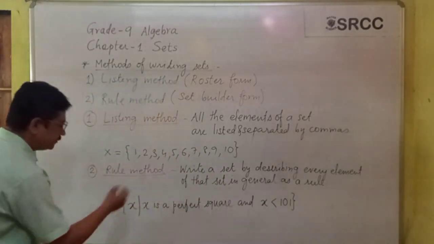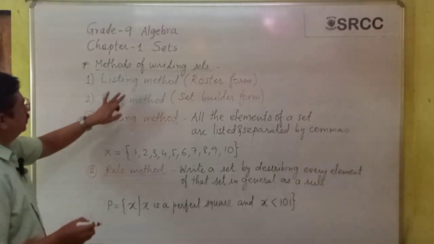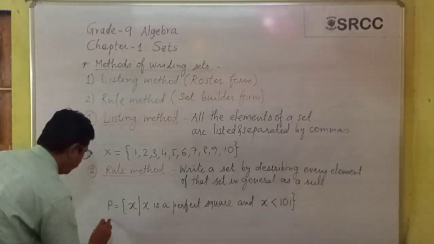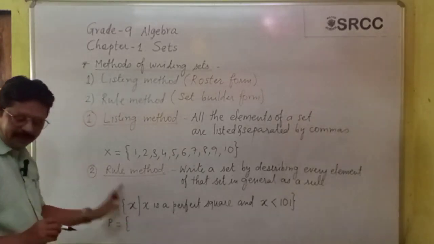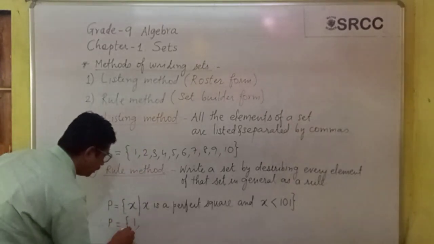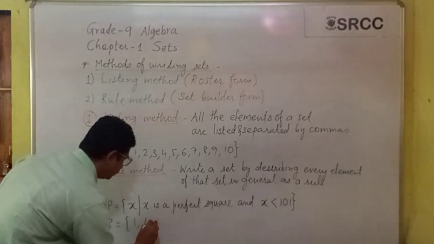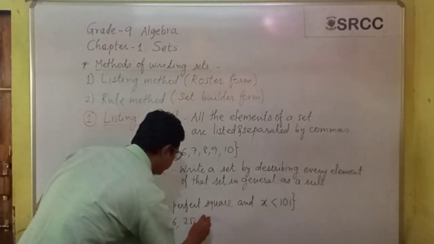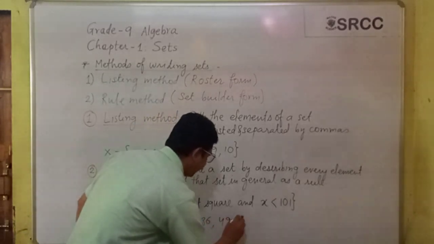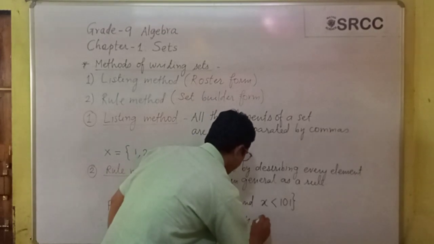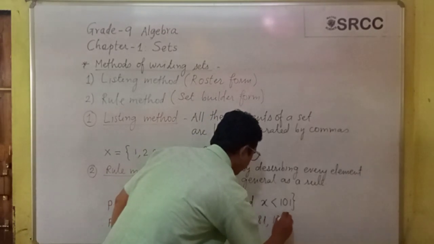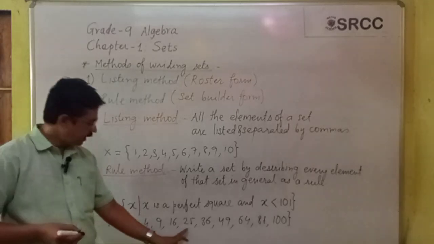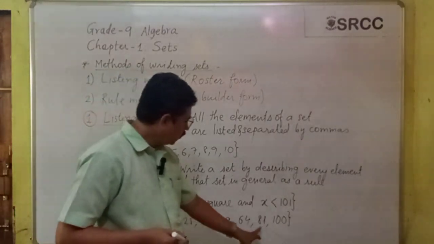So when we are writing this in roster form, we can write P is equal to, now x will take the values of the perfect squares: 1, 4, 9, 16, 25, 36, 49, 64, 81 and 100.